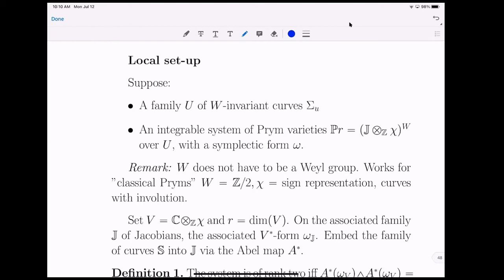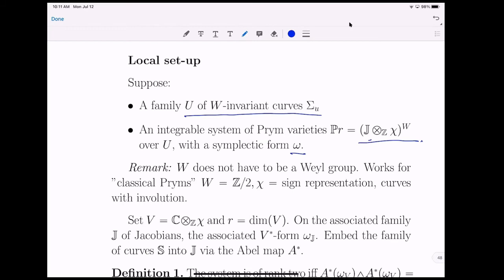So here we have a system of Prym varieties, and what can we do? Well, take a family of invariant curves, U, and now again an integral system of Prym varieties over the U with a symplectic form. Okay, and it's a Lagrangian fibration over U.